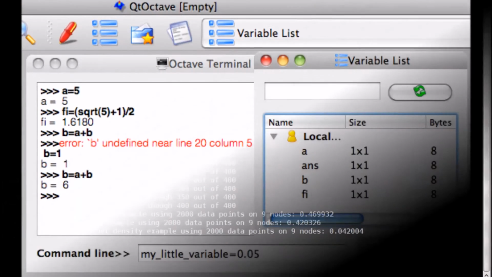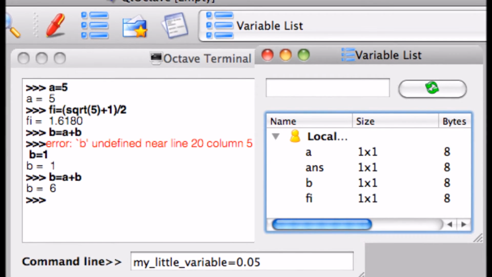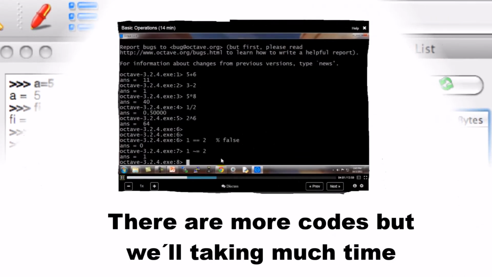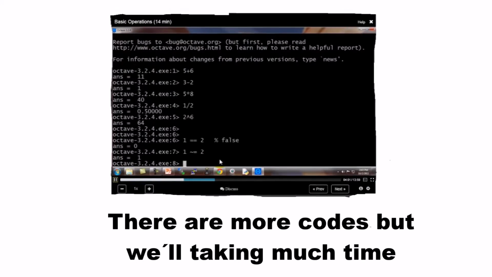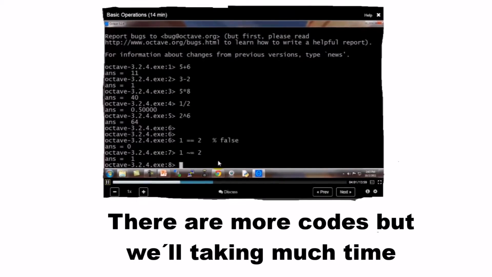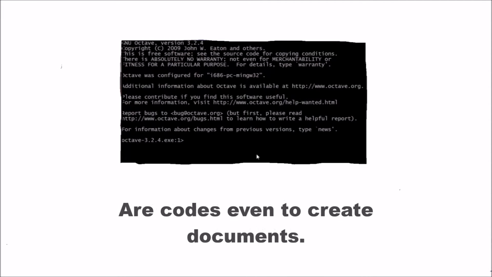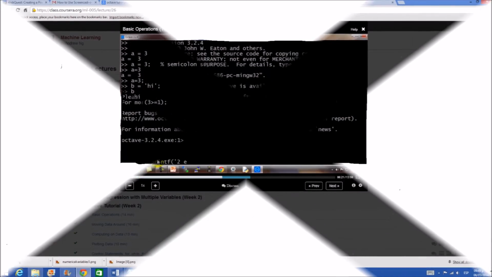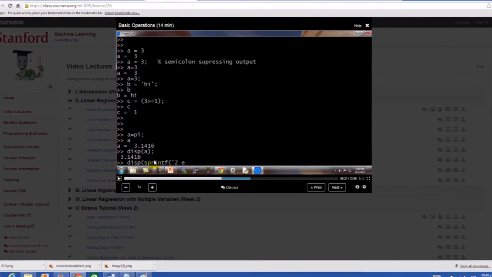So, the first example is 5 plus 6, which gives you the answer of 11. 3 minus 2 is equal to 1, 5 multiplied by 8 is equal to 40, 1 over 2, 2 to the power of 6, and this is how it works. All you have to do are simple, basic operations.